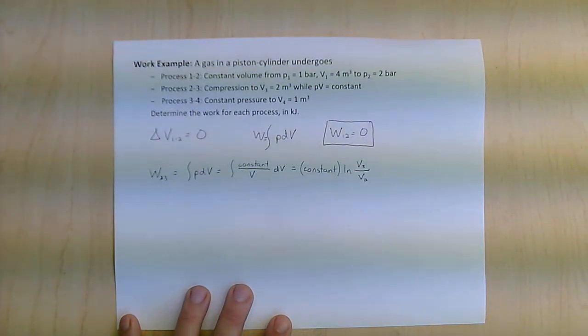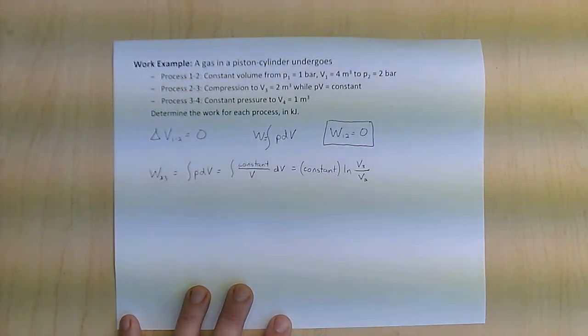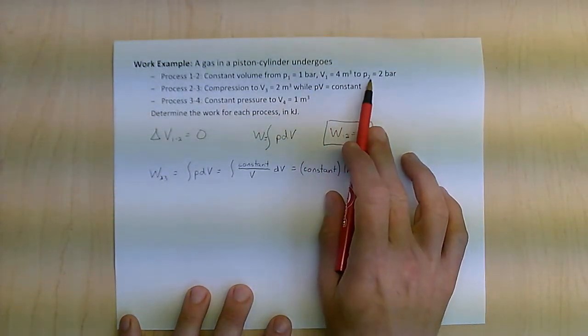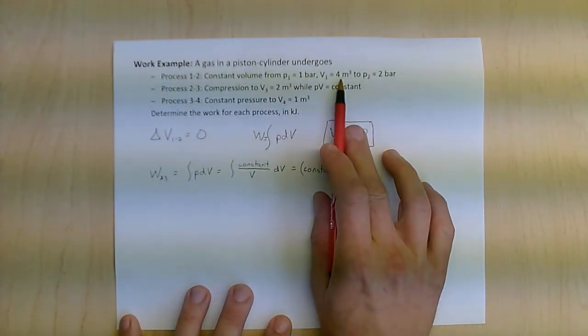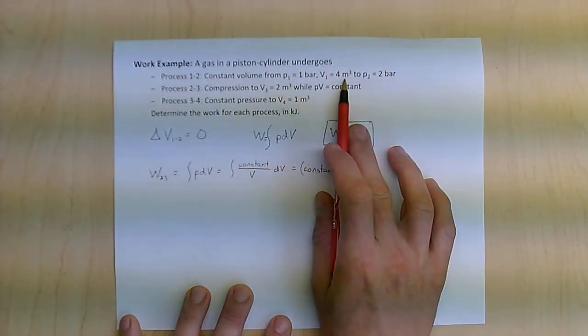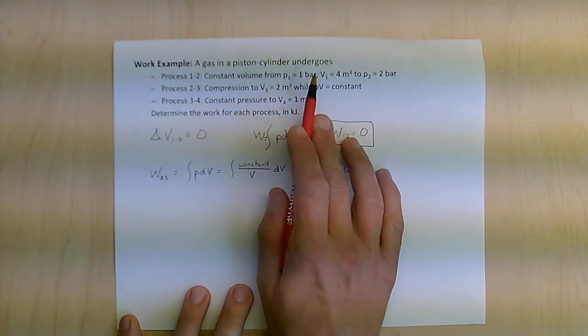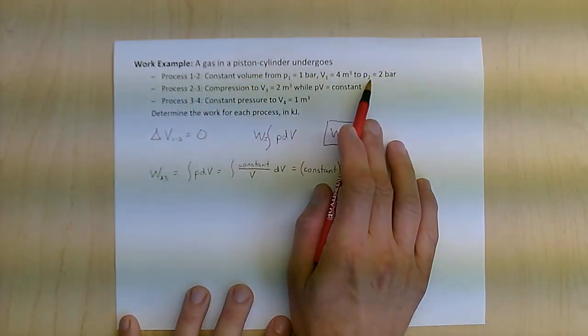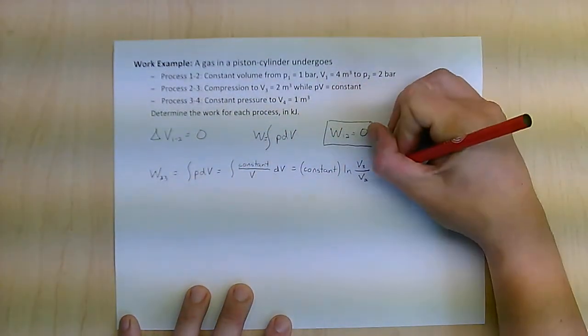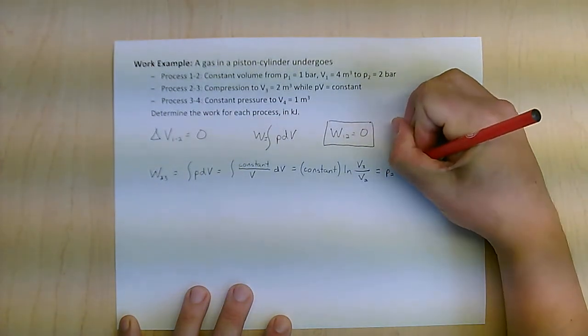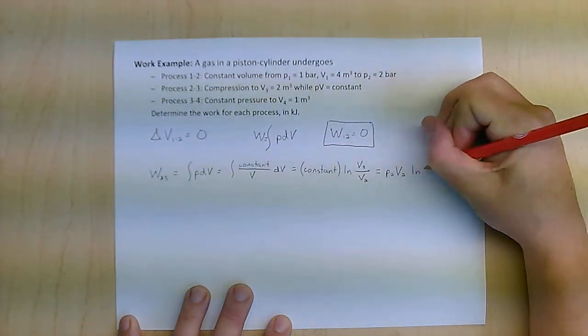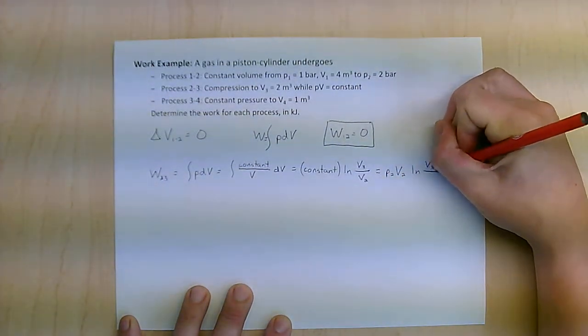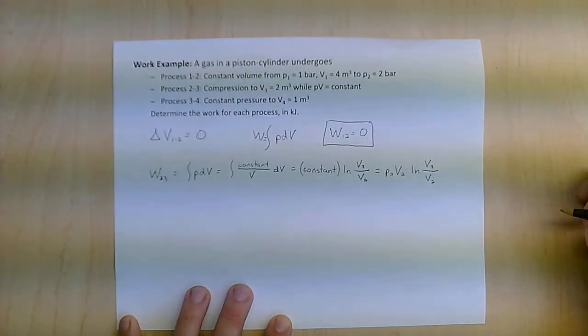And what I know here is that I know P2 and V2, because this is constant volume, so V1 equals V2, and P2 is given to me. So I'm going to take this as P2 times V2 times the natural log of V3 over V2.